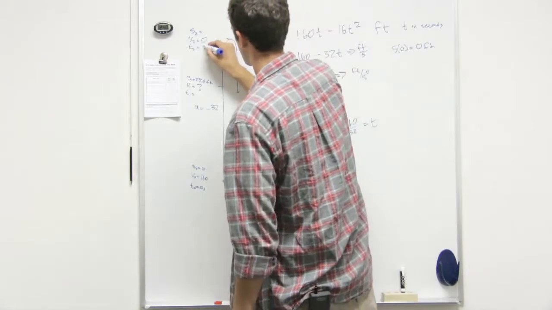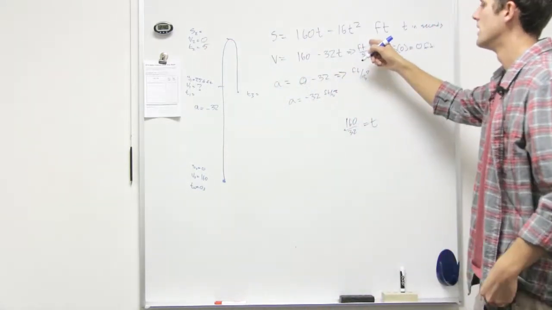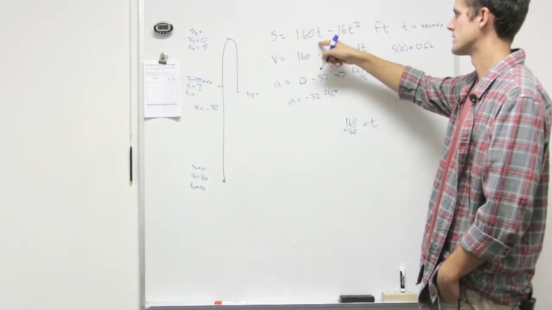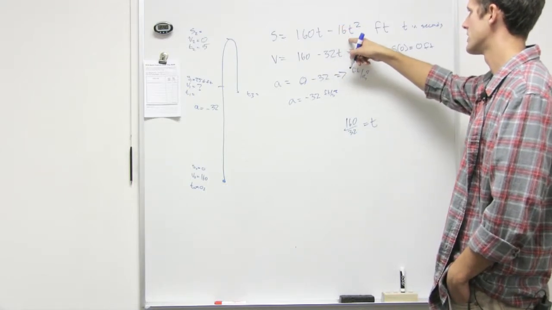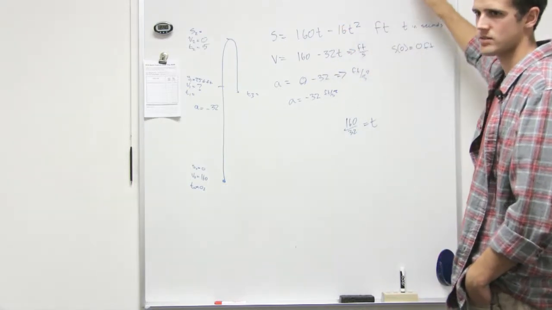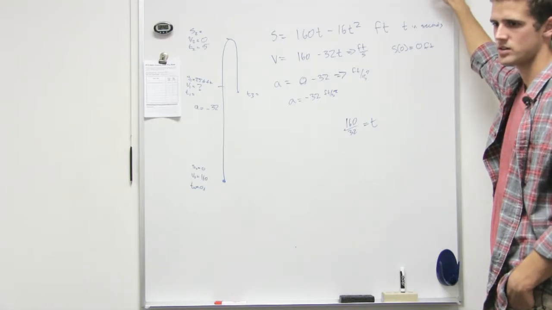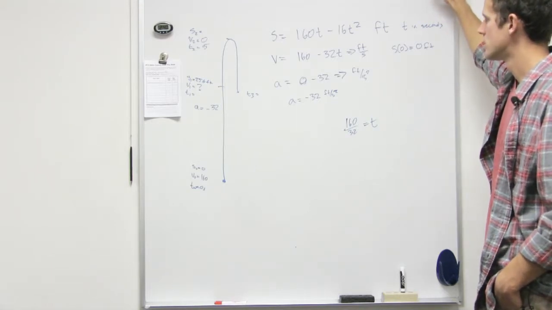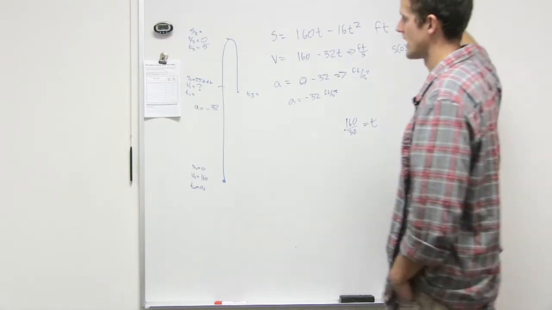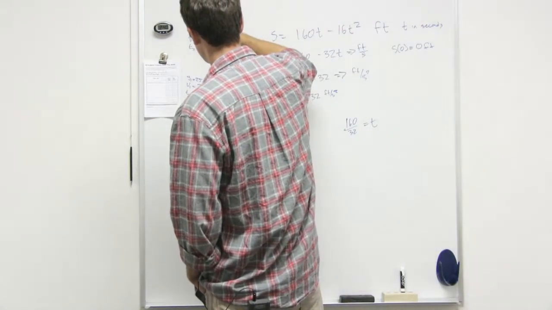So 5 seconds. You plug that in here and you get 800 minus 16 times 25, which is 400. So 400. Okay, so that's your max height according to the calculus that you did.